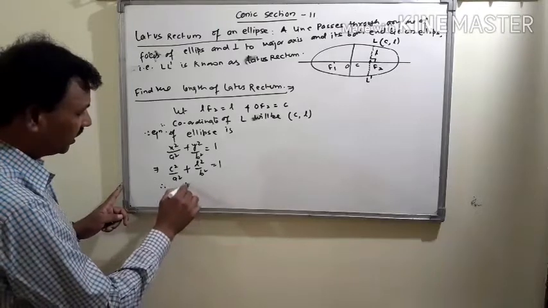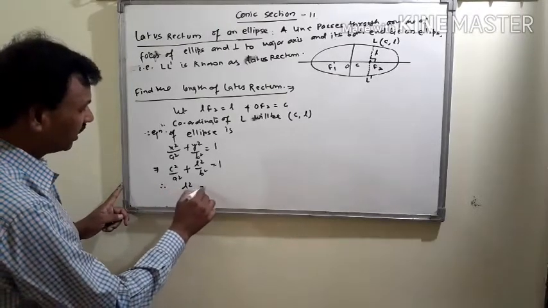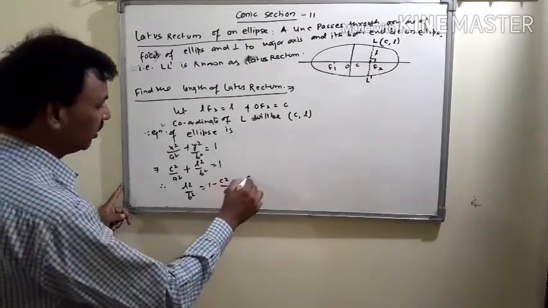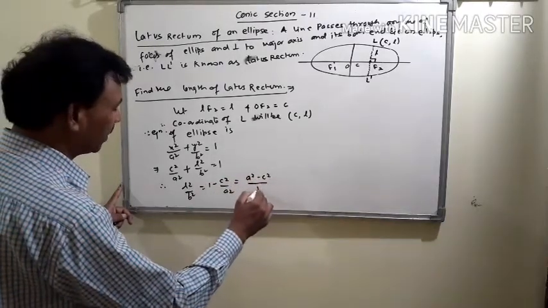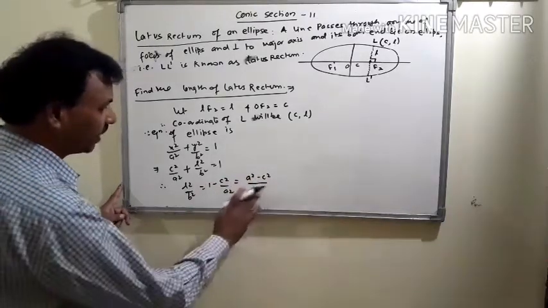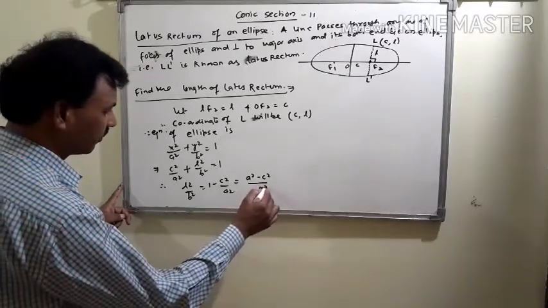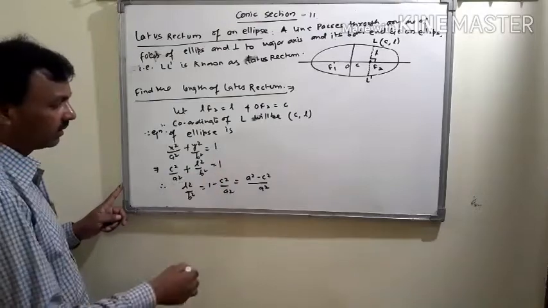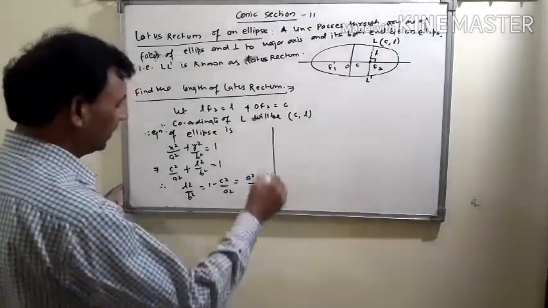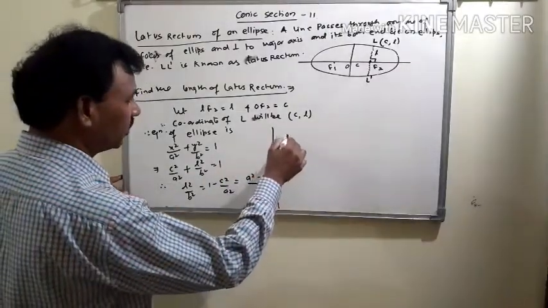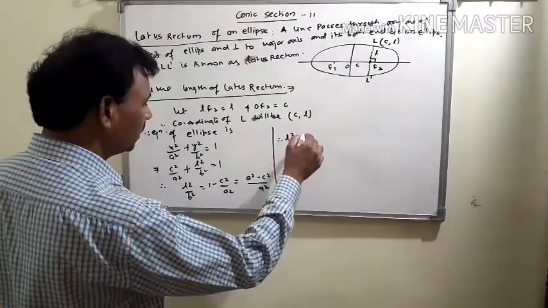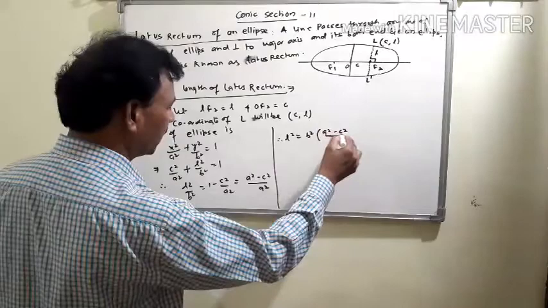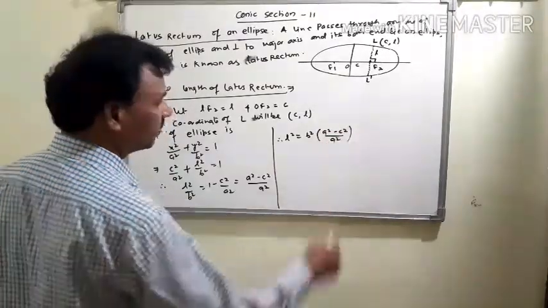Therefore, l square upon b square equals 1 minus c square upon a square, or this will be a square minus c square upon a square. If you transfer b square to the right side, then l square equals b square into a square minus c square upon a square.